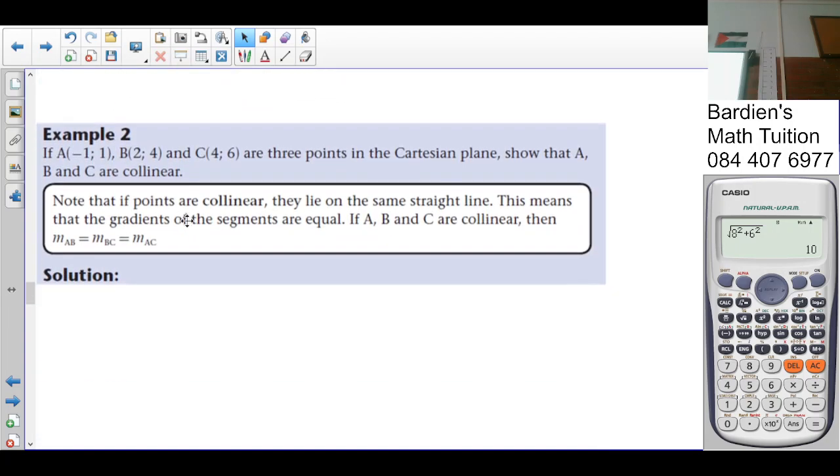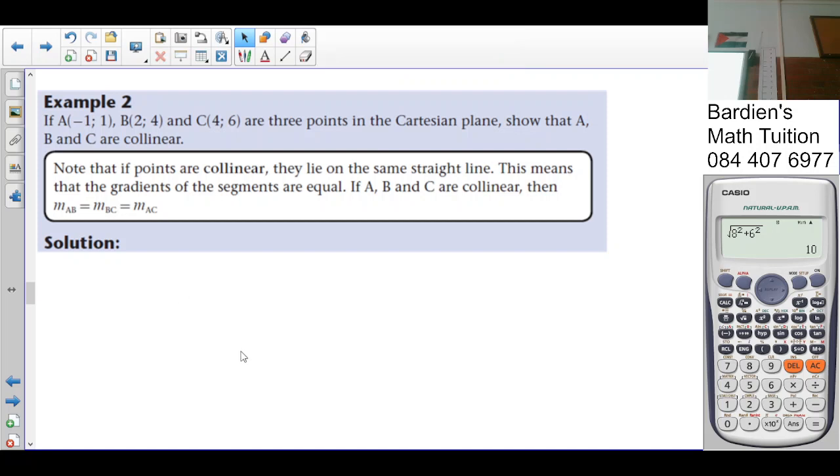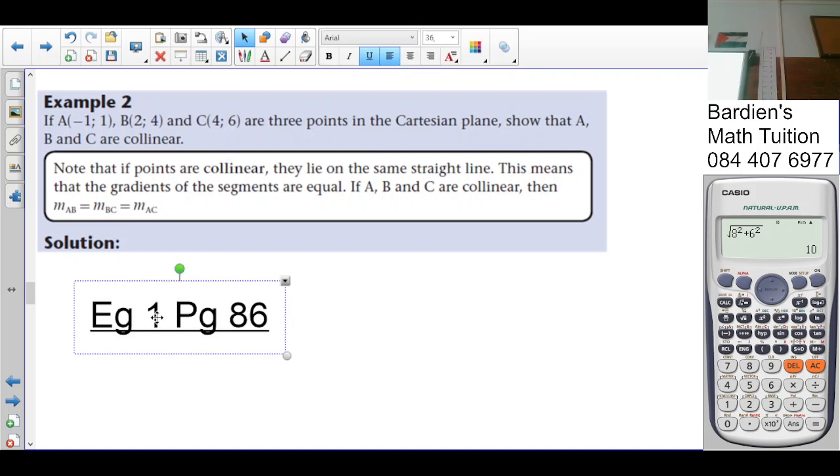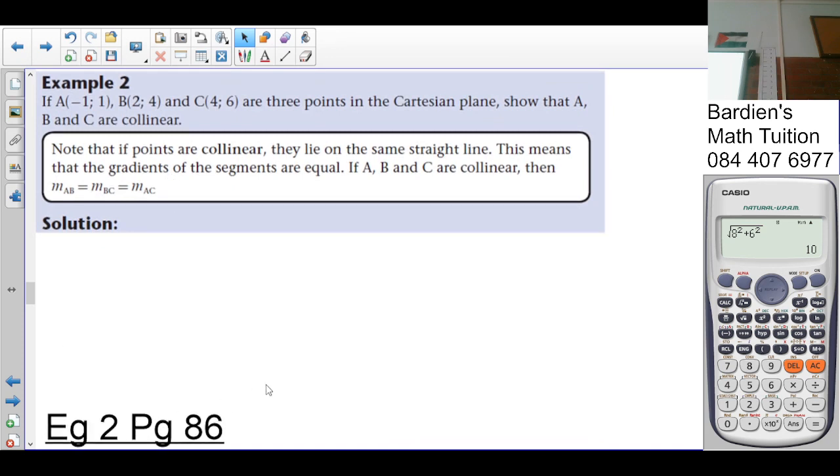Just look at example 2. Example 2 is on page 86, same page. In example 2 we are told if A, B and C are 3 points in the Cartesian plane, show that A, B and C are collinear.